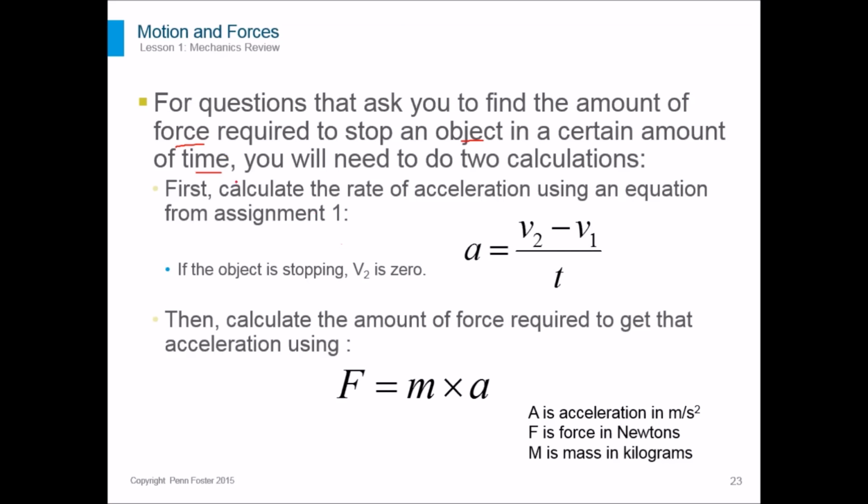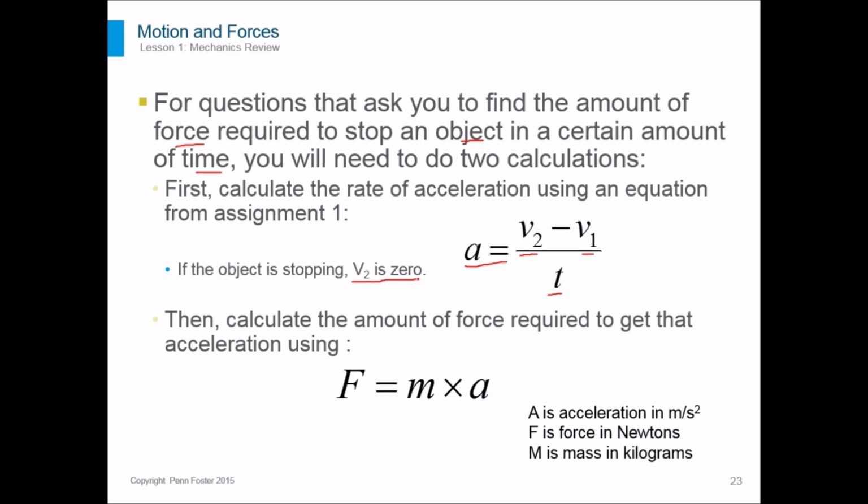So the first one is going to be to calculate the rate of acceleration. Now this is using a formula that we learned in Lesson 1, Assignment 1. So it's a formula for acceleration, which is just the change in velocity divided by time. So the ending velocity minus the starting velocity divided by time. And remember that often the object is slowing to a stop. In that case, its ending velocity is 0.